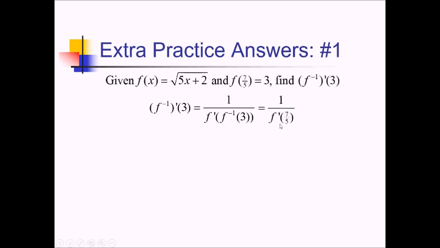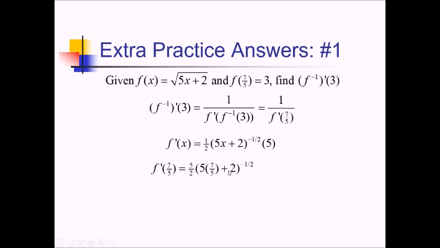And now I have to do a little more work with f prime. So the f function is originally (5x plus 2) to the 1/2. F prime then is going to be 1/2 times (5x plus 2) to the negative 1/2 times the derivative of the inner function, so times 5. Plugging 7/5 into this now, I have basically 5 halves times (5 times 7/5 plus 2) to the negative 1/2. And doing a little simplifying here, the 5s are going to cancel, so that's really 9 inside there.